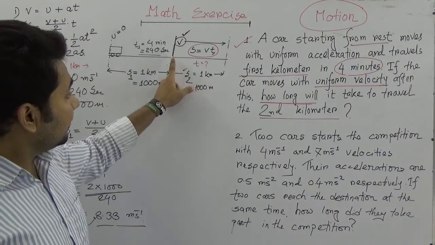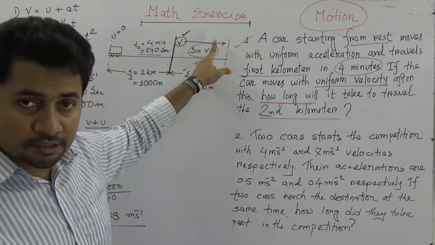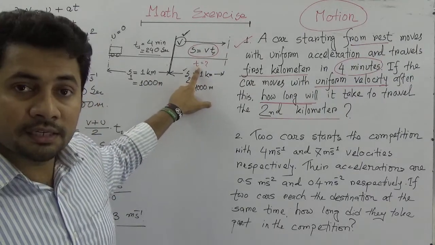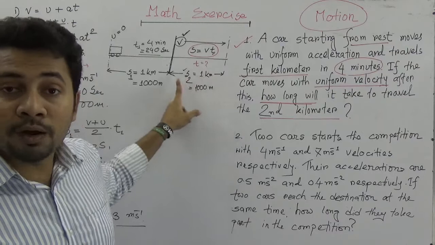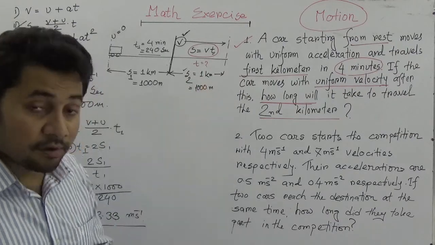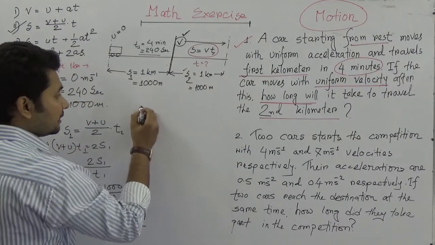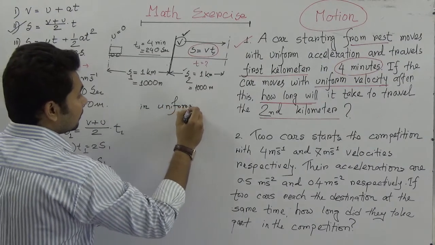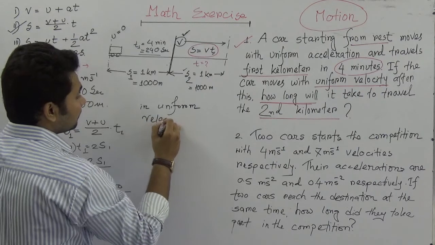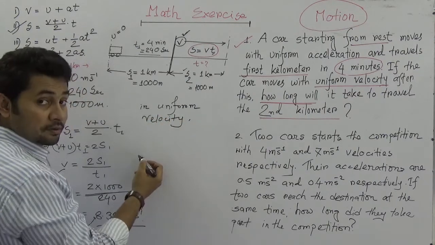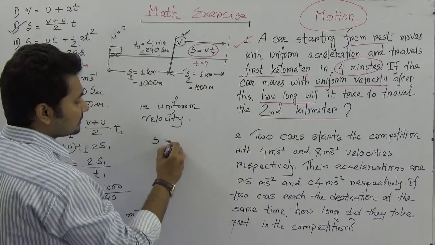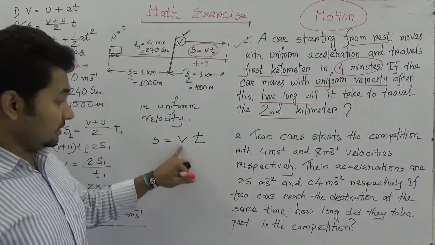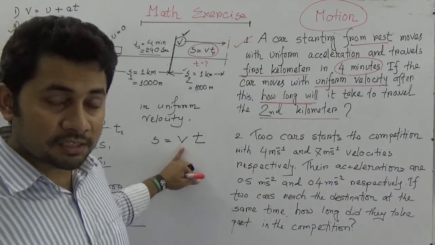Then the question is what is the time required to pass the next 1 kilometer. In case of uniform velocity, we know that S is equal to Vt, because velocity will remain unchanged.